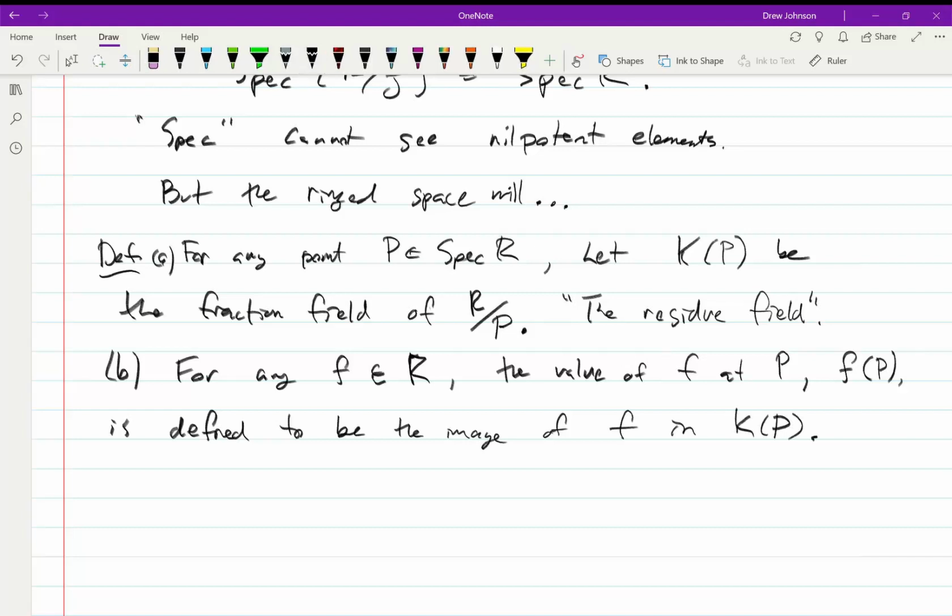It makes sense to consider f in the residue field because f is an element of R, so you can map it into the quotient and then include it into the fraction field.